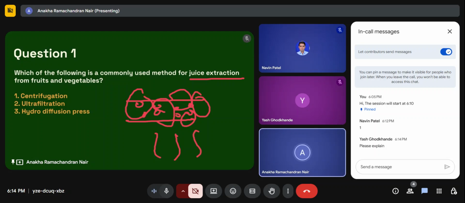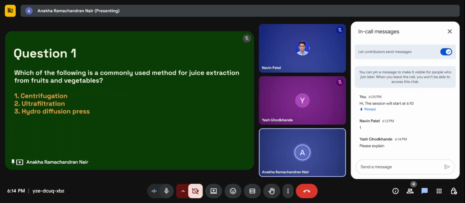And in hydrodiffusion press, especially in the case of things like sugarcane, you have either hot water or steam. So in a container, in a pressurized setting, you will have the fruit or vegetable of your choice, and the hydrodiffusion press will inject steam or hot water into this, and the soluble compounds will get solubilized in the water itself, and that liquid that you get, which has all these soluble compounds, you can concentrate further to get a juice.